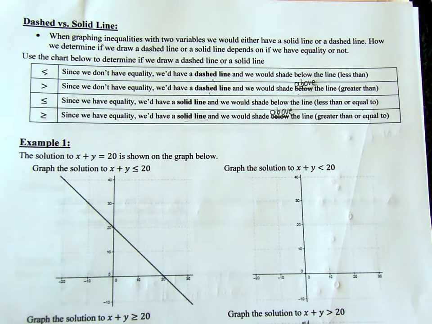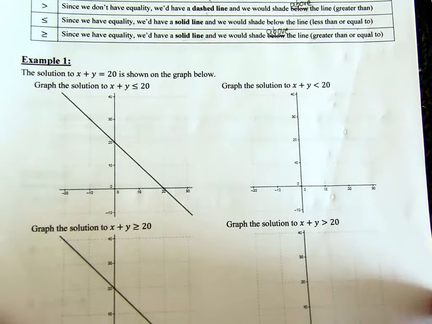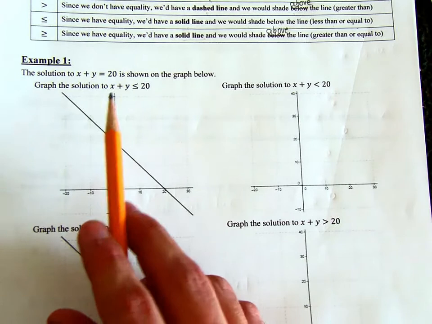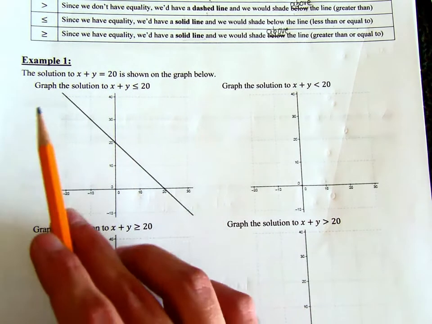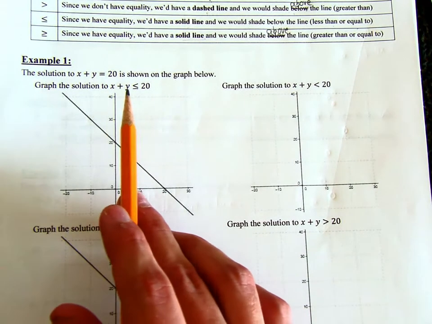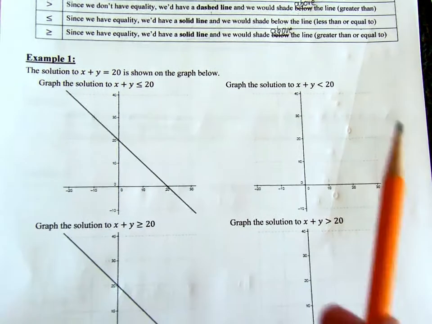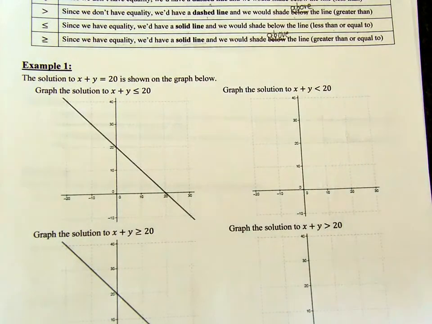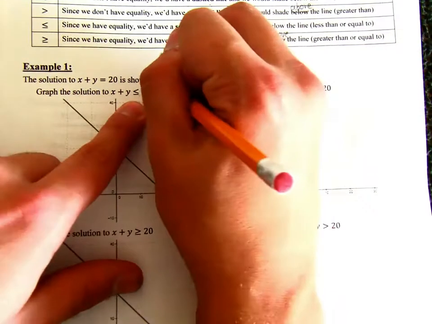So looking at this, let's look at example 1. The solution to x plus y equals 20 is shown on the graph below. They want us to graph the solution to x plus y is less than or equal to 20. So we know since we have equality, it's going to be a solid line.